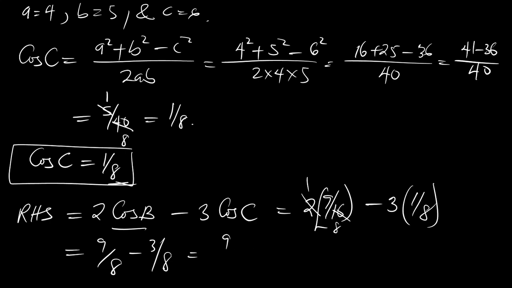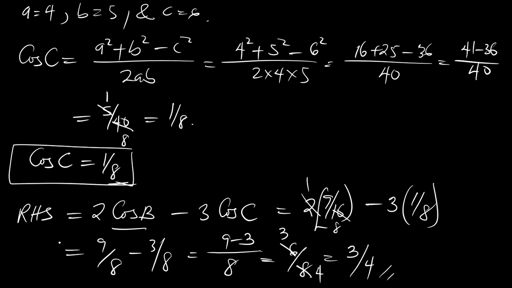Since the denominators are the same, we subtract the numerators: 9 minus 3 divided by 8. So this gives us 6 over 8, which is the same thing as 3 over 4. If 2 divides 6 is 3, and 2 divides 8 is 4. So the right hand side of that equation is 3 over 4.